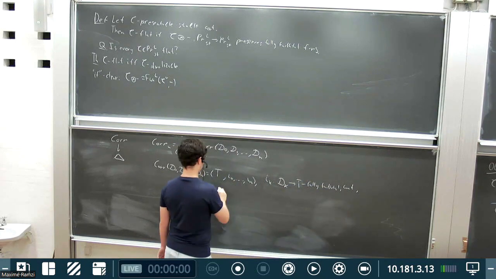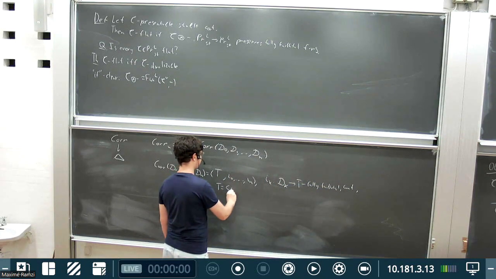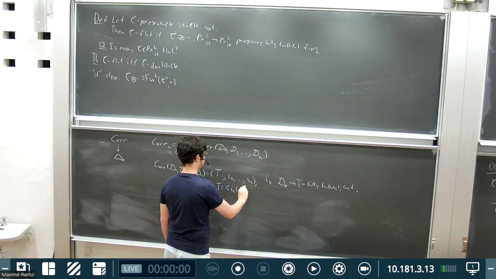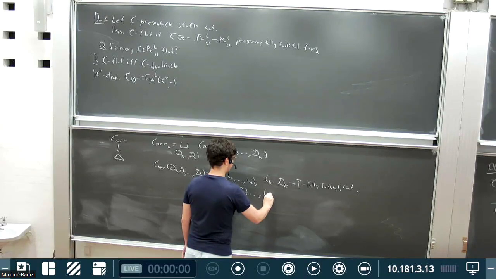And T has a semi-orthogonal decomposition into in of Dn, etc., i0 of D0.